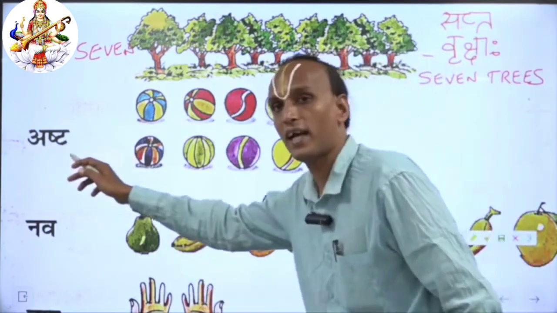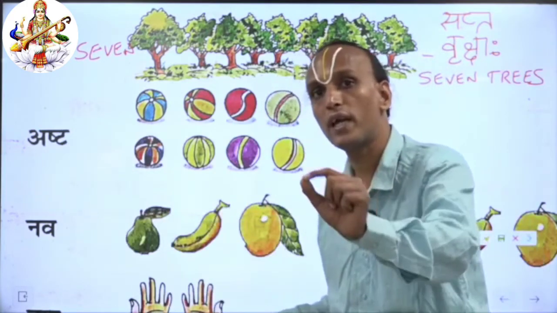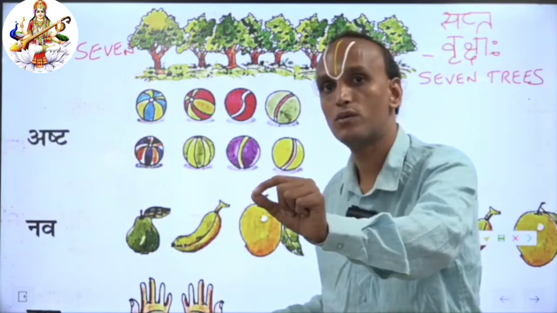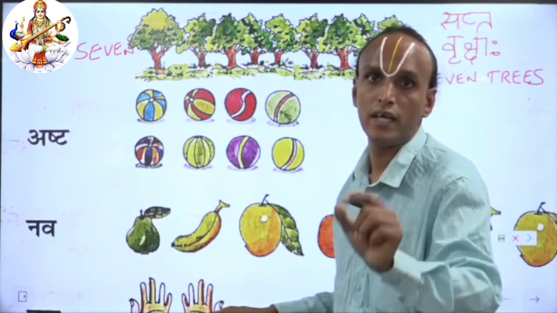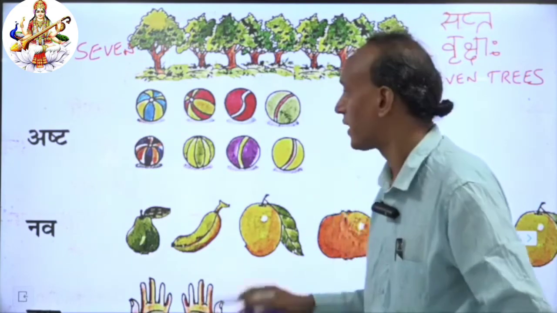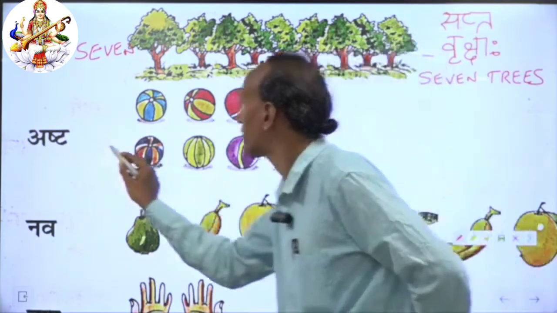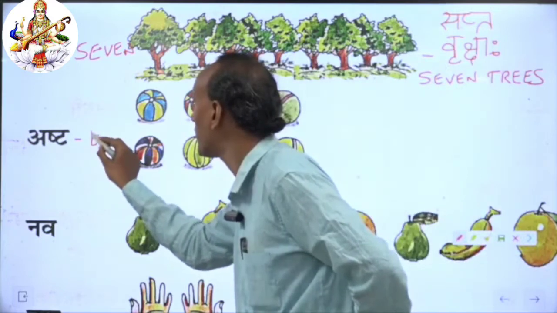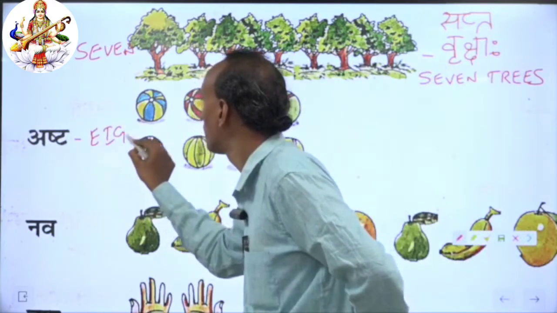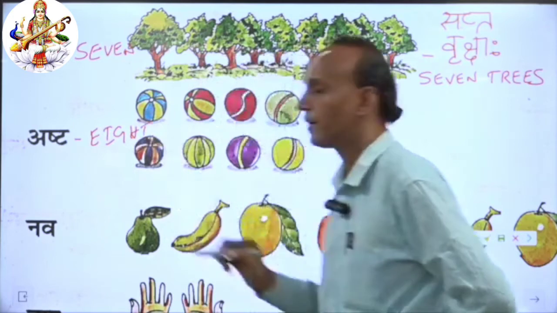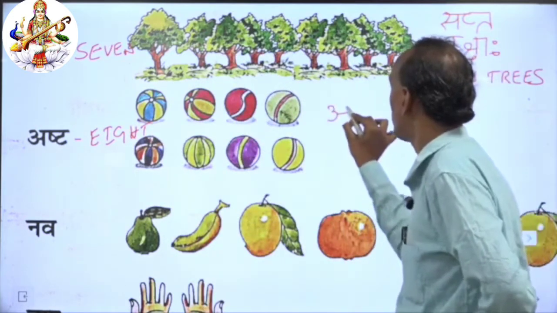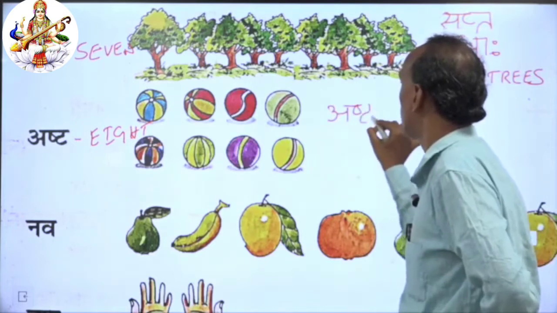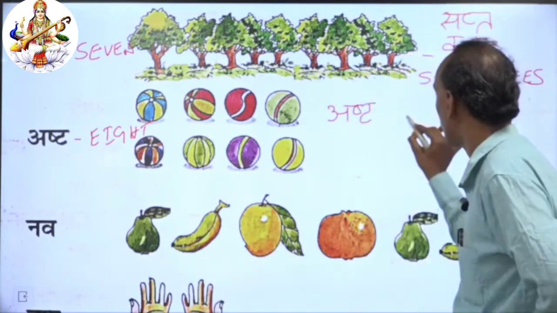So, ashta, kandukam, kanduke, kandukani in plural. So, ashta kandukani. 8 balls. Okay, children. I write here. Ashta means 8. See here. Ashta kandukani.